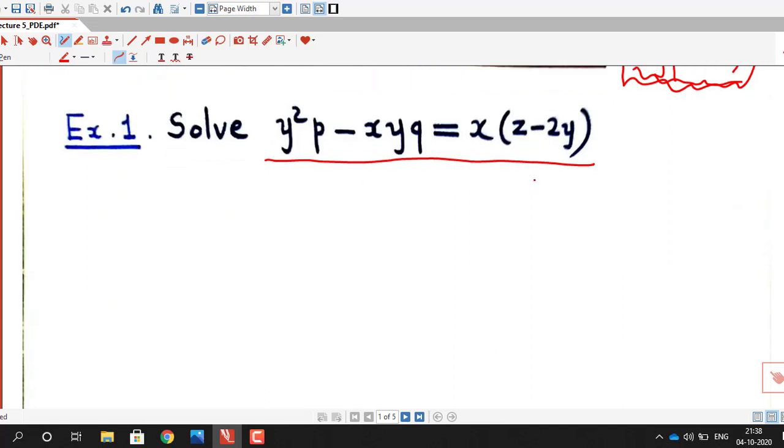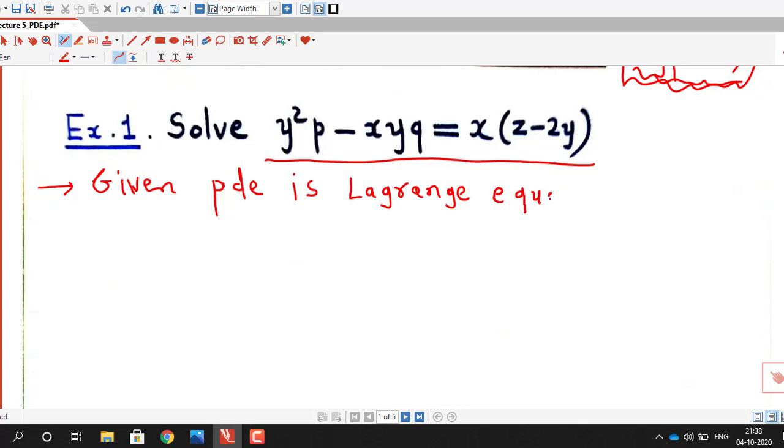So as we can see, the given partial differential equation is a Lagrange equation, and if we compare with the standard form, then capital P is nothing but the coefficient of small p, which is y square.